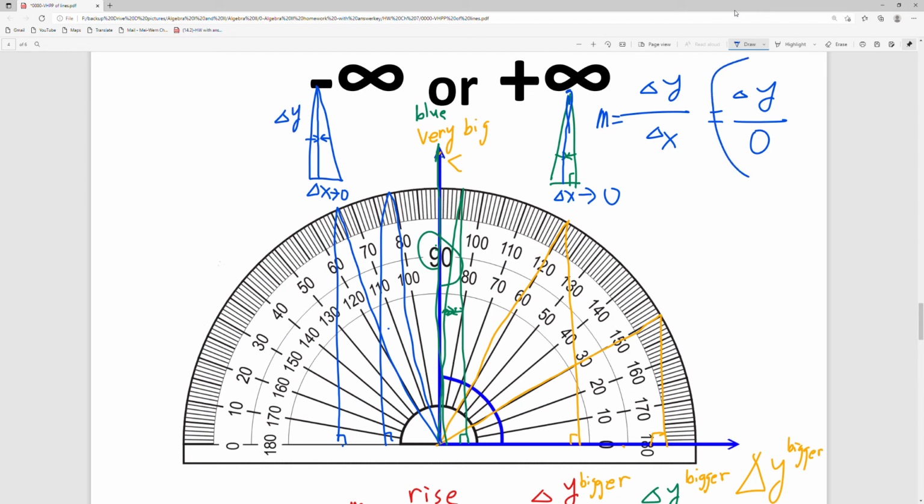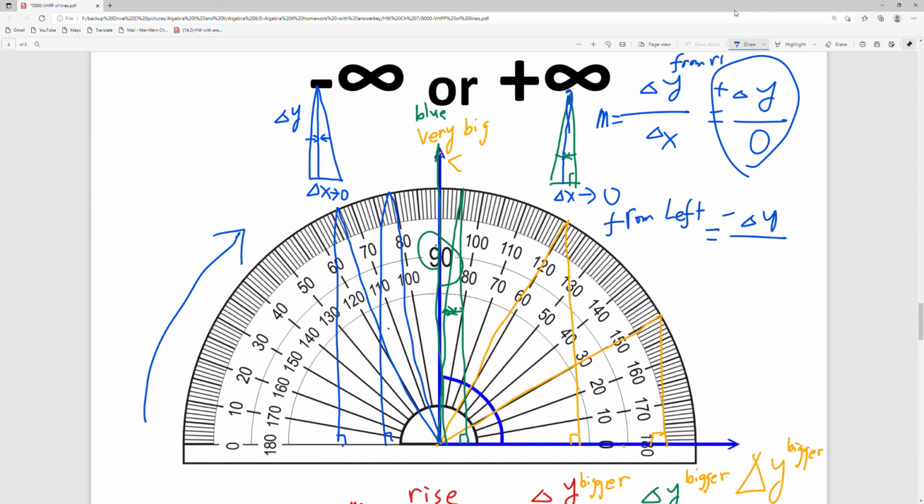Okay. So again, if you approach your slope from right hand side, then you have positive slope, and from left hand side you have negative slope.